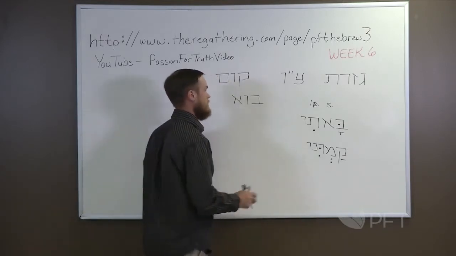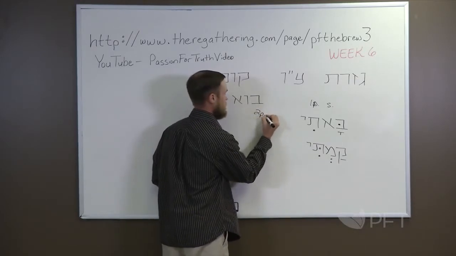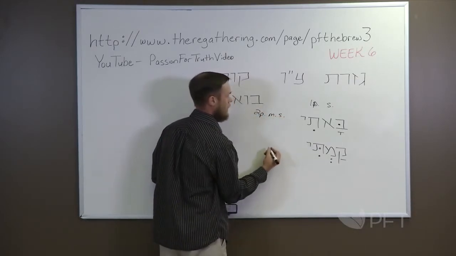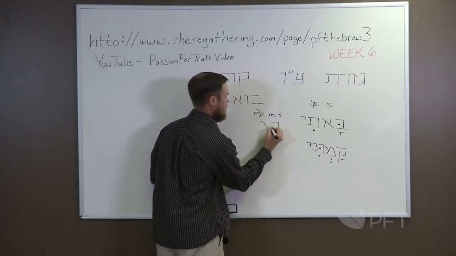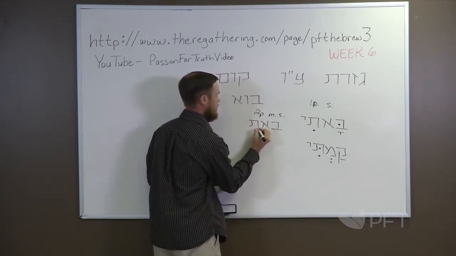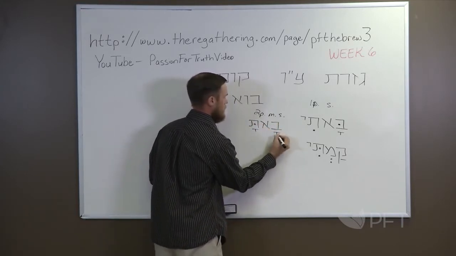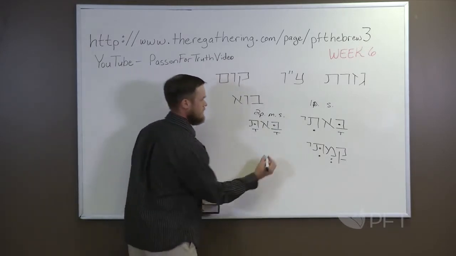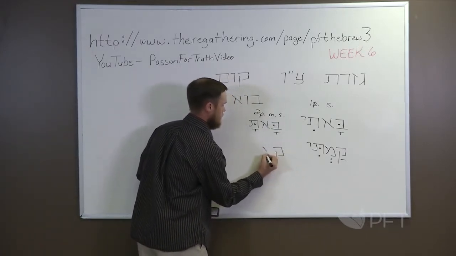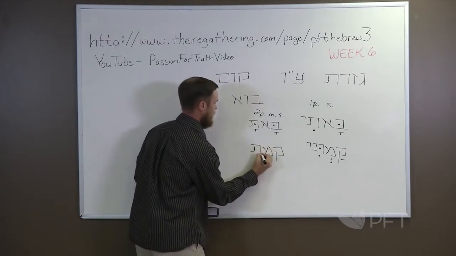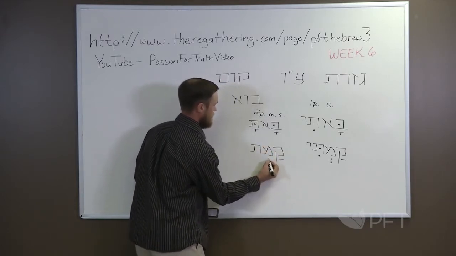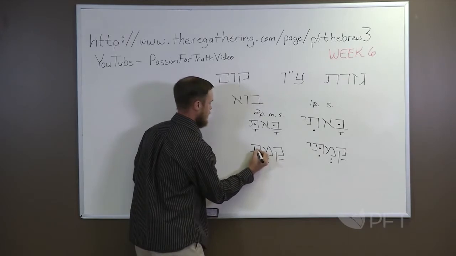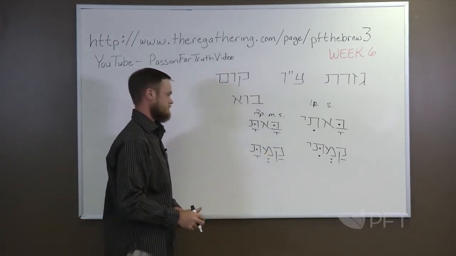All right, so bati, the second person masculine singular, is bata. If we were using kam, we would have used a patach there and wound up with kamta.